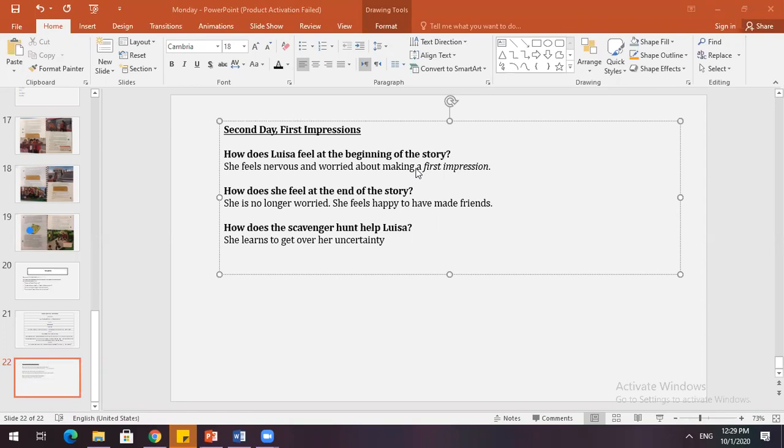And work with the team toward a common goal. What was the common goal? To win the scavenger hunt.